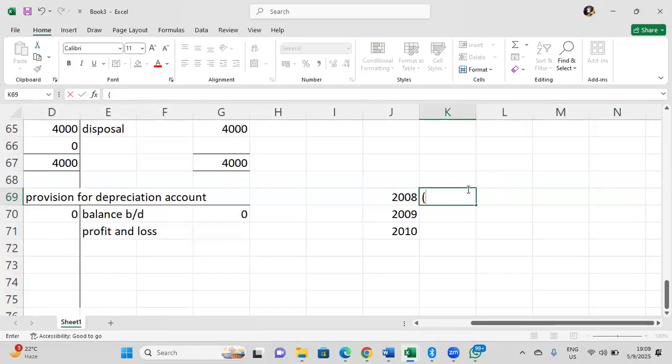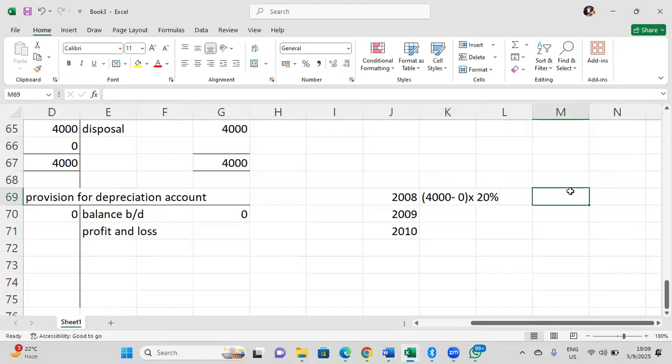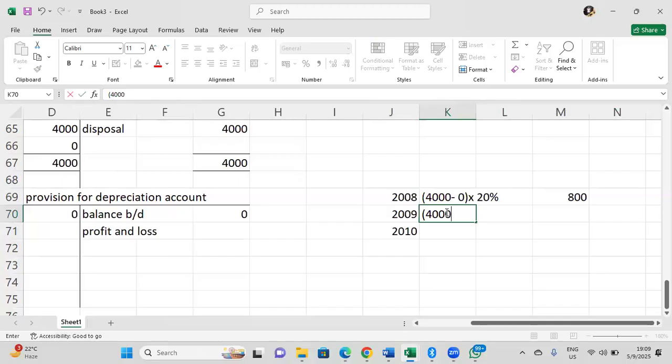The first year is the cost minus provision, of which the provision for the first year is 0, times the percentage given. The question had said the depreciation is at 20%. So the first year is just the 4,000 times the 20%. Second year, 2009, if it's the reducing balance method, we are saying 4,000 minus the 800 given, times the percentage, which is 20%.